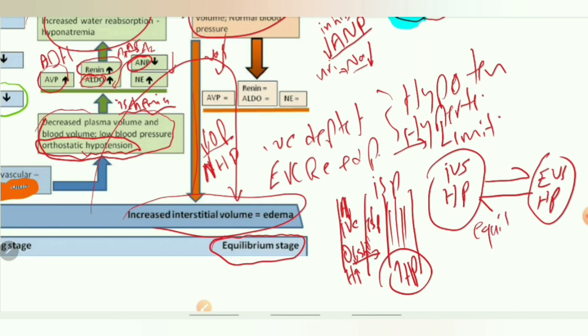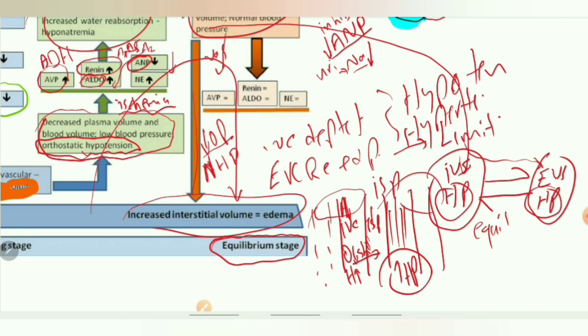So the more retained fluid is going to stay divided here and here, because there must be an equilibrium in hydrostatic pressure. So with time we will get expansion of this and more expansion of this. So edema gets to the tense level, but we will start to get normotension or even hypertension.